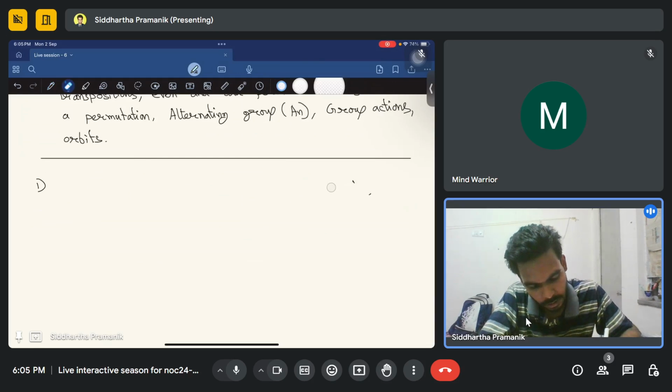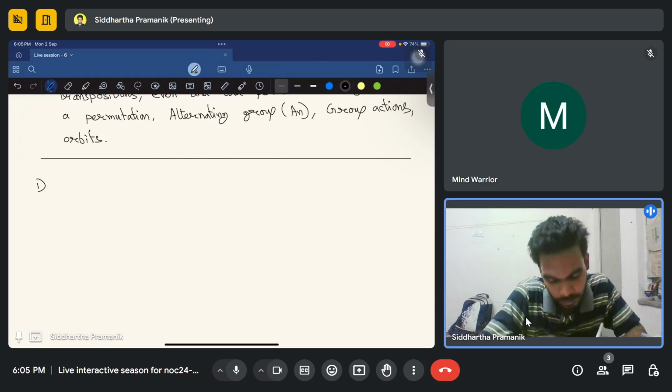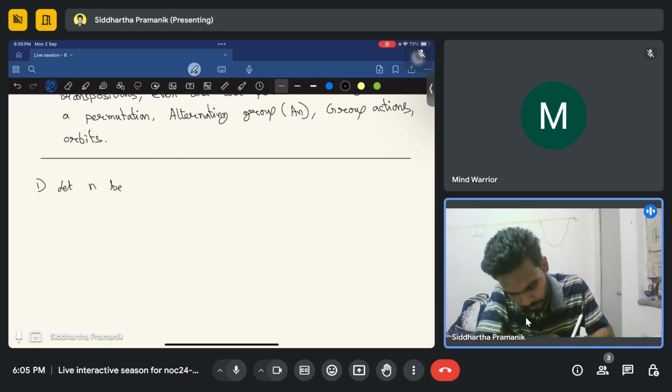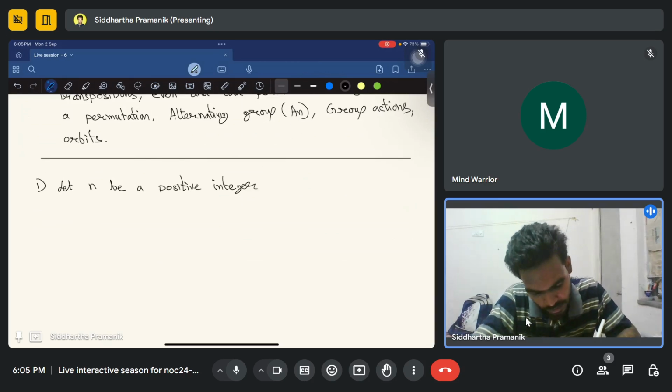So let's try to see that first. It will be very useful. Let n be a positive integer and sigma be an n cycle.